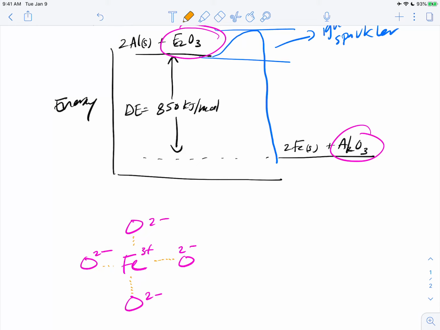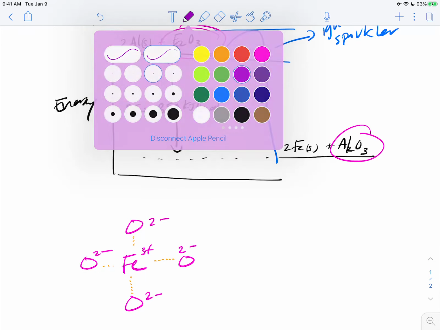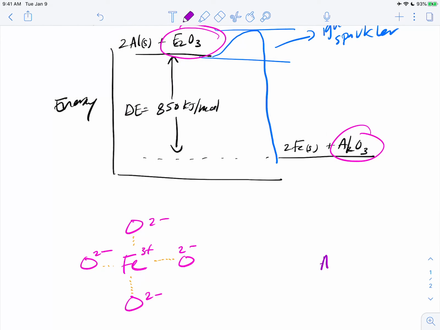So when the aluminum interacts, we have the aluminum and the oxygen, oxygen, oxygen, oxygen. Now in this case, the aluminum is also +3. These are still 2 minus. But you'll see that these are actually much closer.